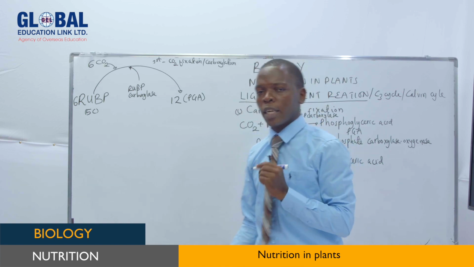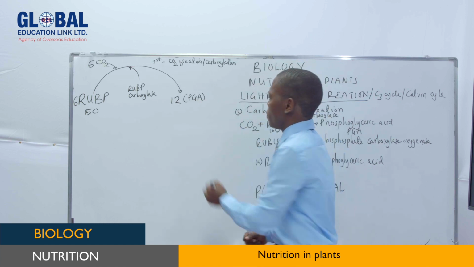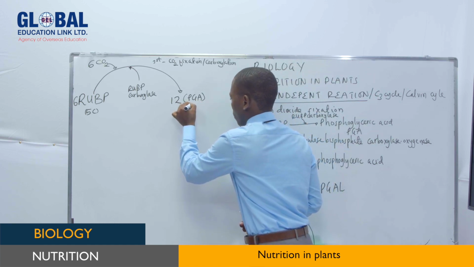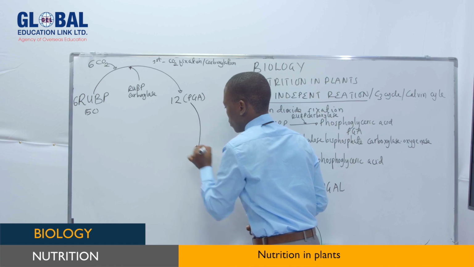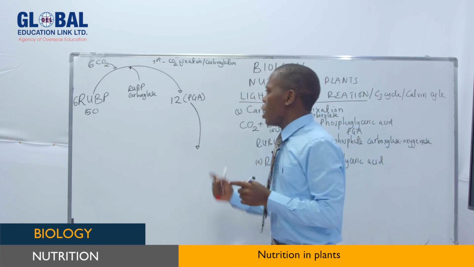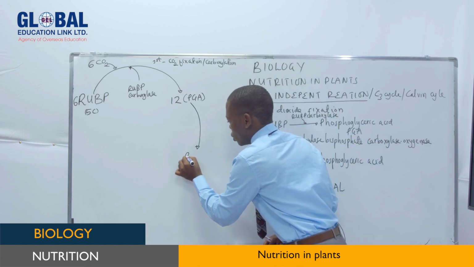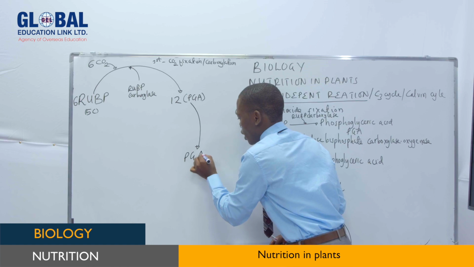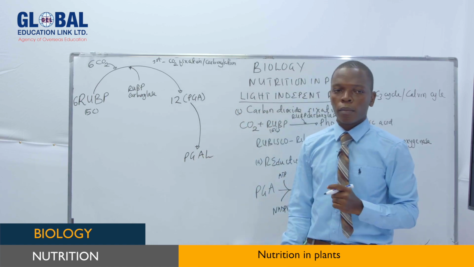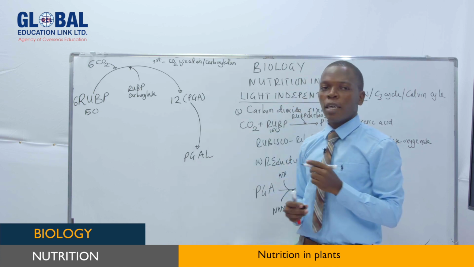Therefore, this phosphoglyceric acid is reduced. Again, if you remember, we said this PGA is converted into PGAL, phosphoglyceraldehyde.